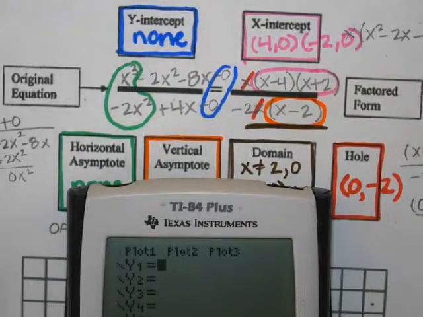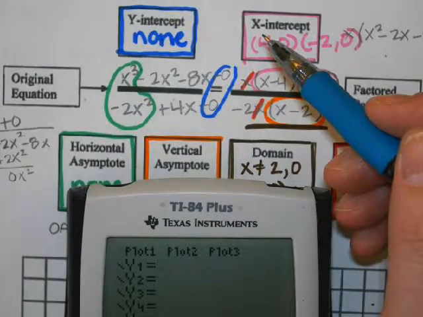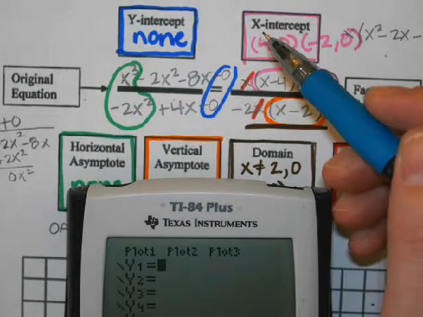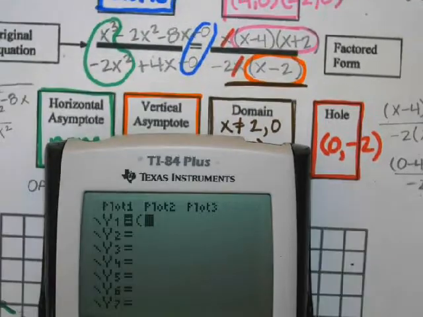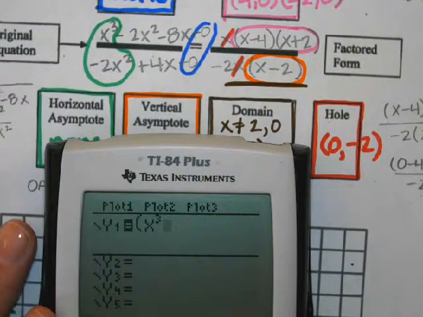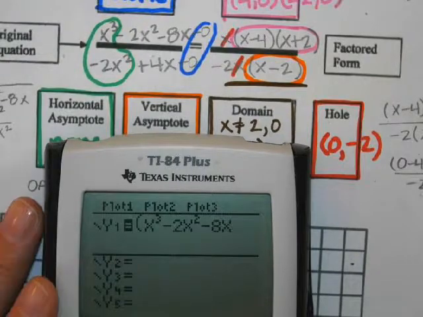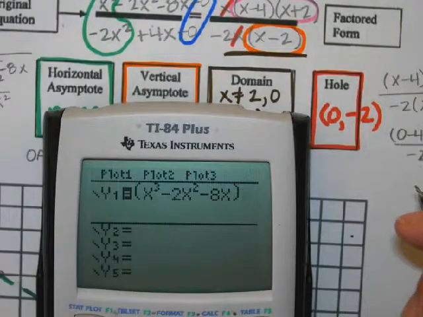All right, so to type this in so that we don't have fractions, we cannot plug this in as a fraction because then the graph will give us fractions. Those are harder to graph. So what I'm going to do is I'm going to put the top in parentheses and I'm going to put the bottom in parentheses. So I have parentheses x to the third minus 2x to the second minus 8x, and then I'm going to end parentheses. So that's me telling my calculator this stuff all goes on the top.